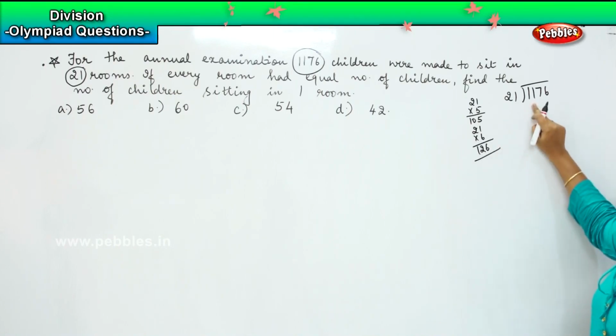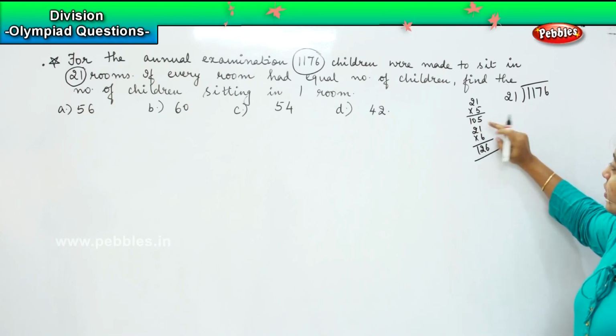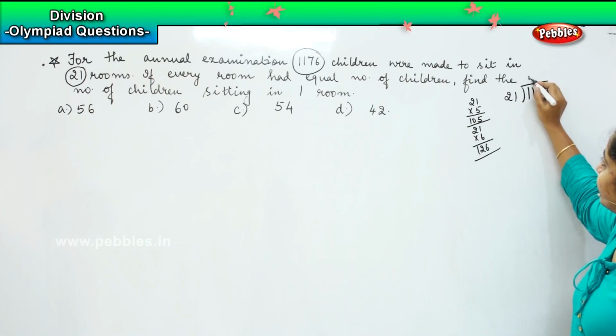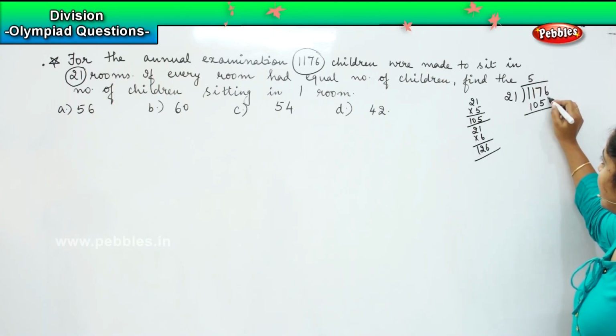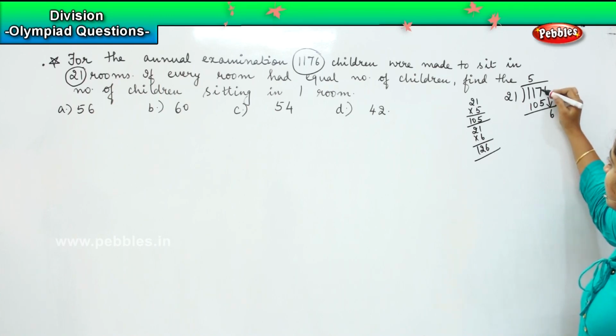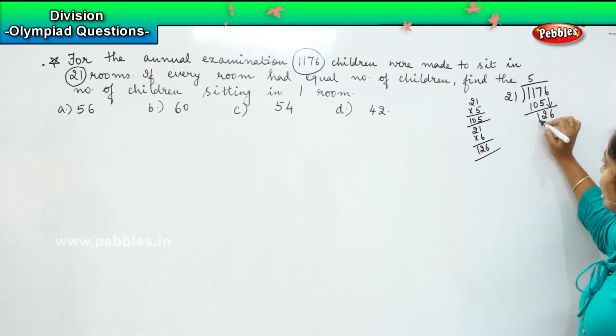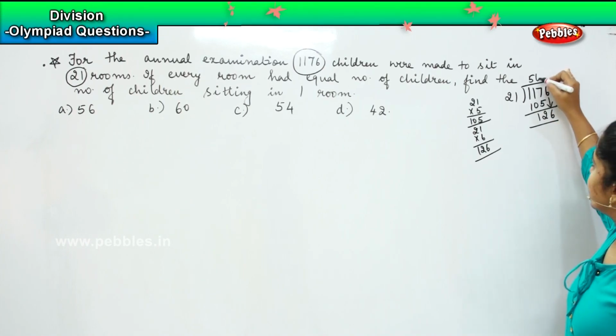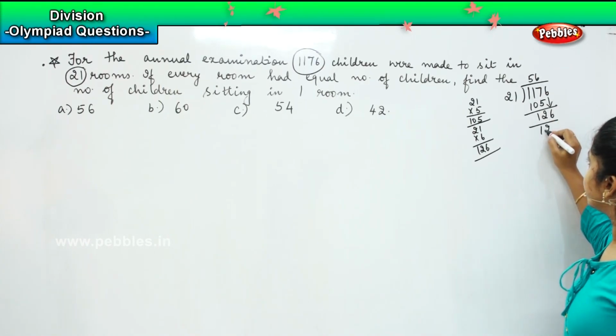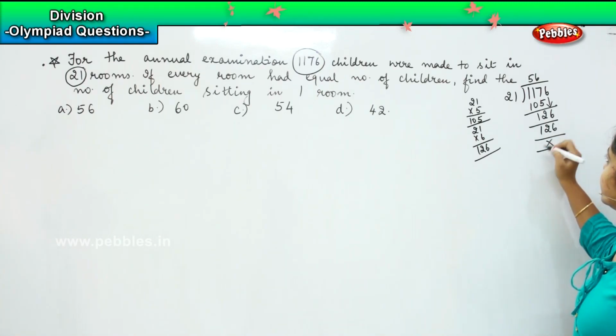So it is 126, whereas it is here 117, right? So we will be going with 5. So here it is 105 and the 6 will come down. 7 minus 5 is 2, 1. So 21 into 6 is 126. So 6 here, 126, and your remainder is 0.